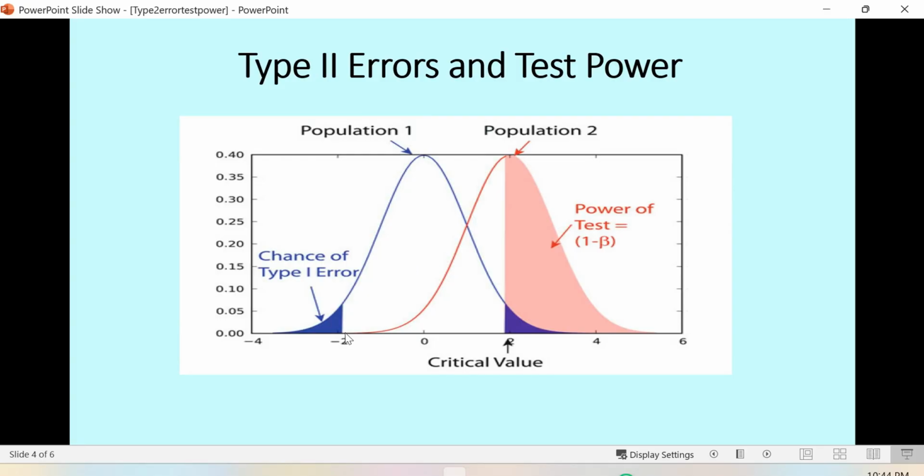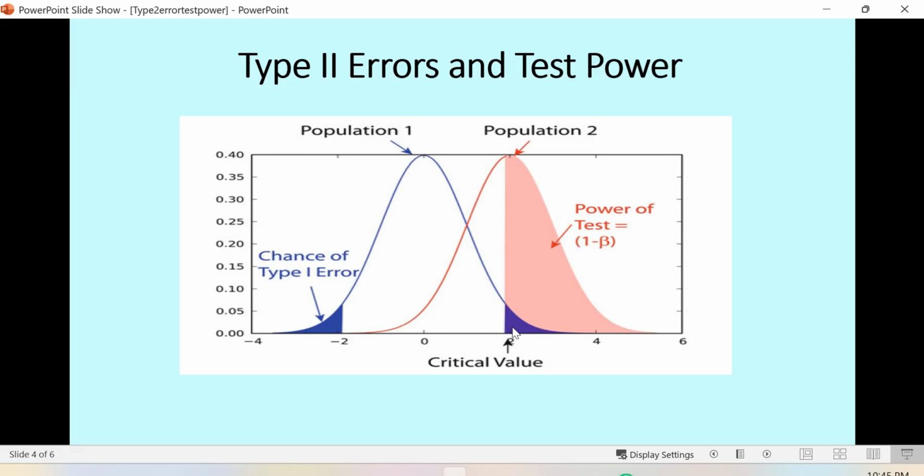If we look further at this figure, if the null hypothesis is true, which means, for example, the population mean is 0, then the test statistic from the sample will follow this curve, right? And if you get the data in this blue region, then you will reject this null hypothesis.